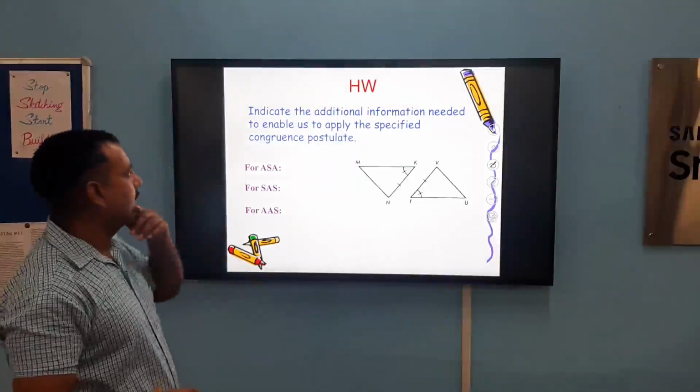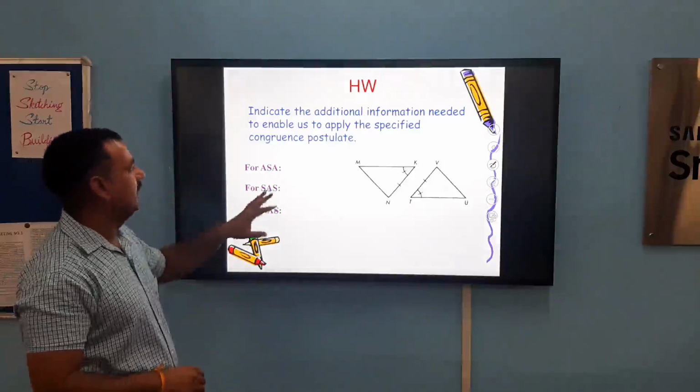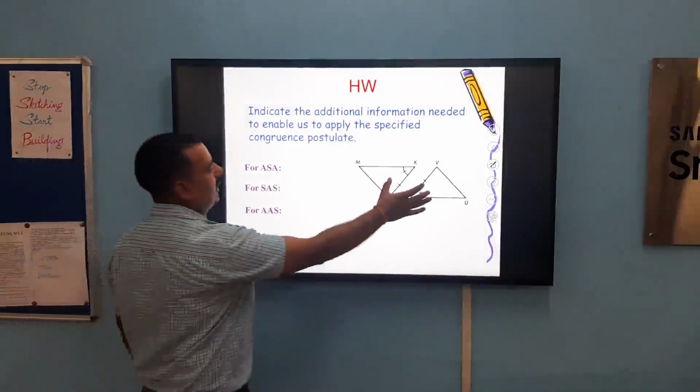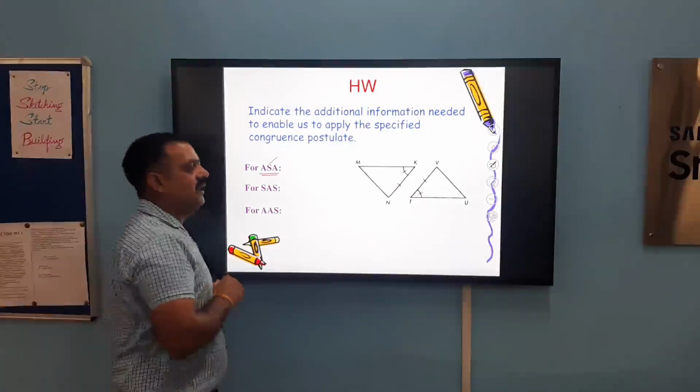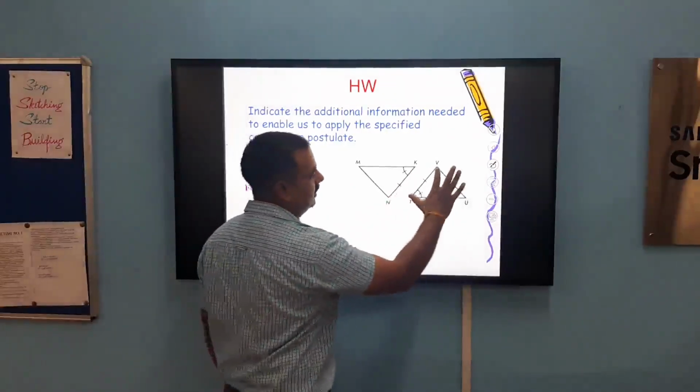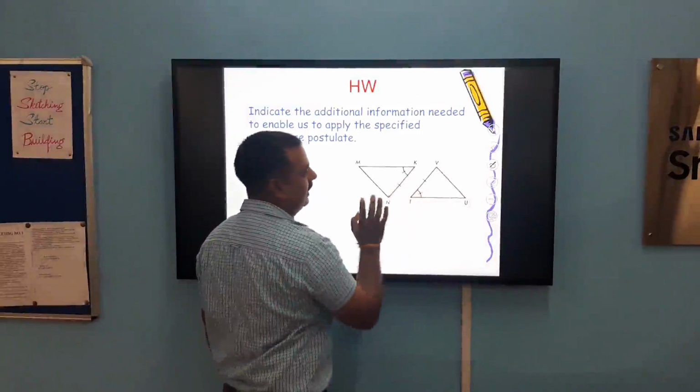Now this is for homework purpose. Indicate the additional information needed. In these two triangles, if we want to use ASA, the side must be included. So this side is equal, given. One angle is here, one angle is here.